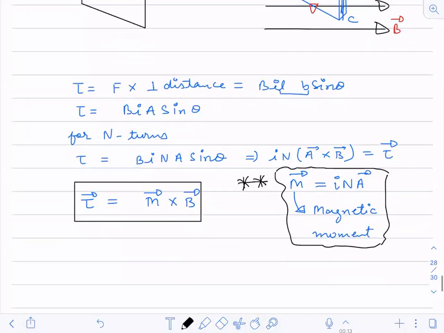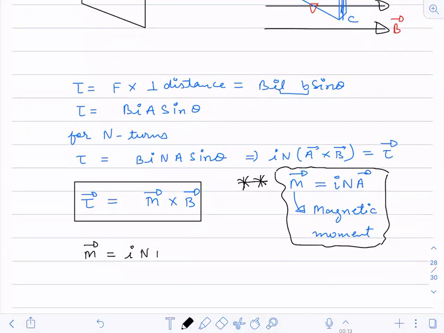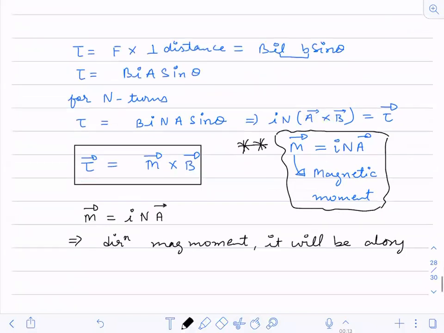How did I write the magnetic moment? I have written it as I N into A vector. So what will be the direction of the magnetic moment? It will be along the A vector only.